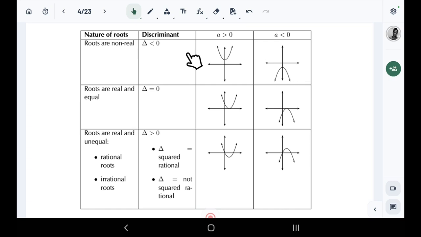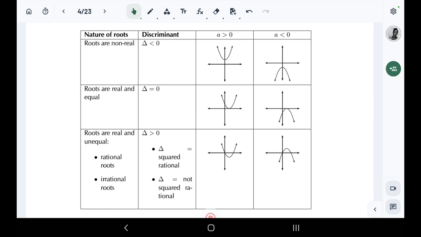It does not matter whether your arms look up or down. If your roots are non-real, the graph will not touch the x-axis. It will just hang up there or down there. Now, if your roots are real, in other words, your discriminant is either greater than 0 or 0, then you will have at least one root.